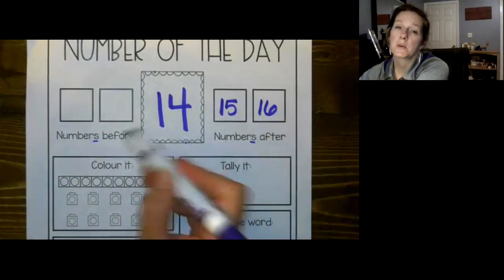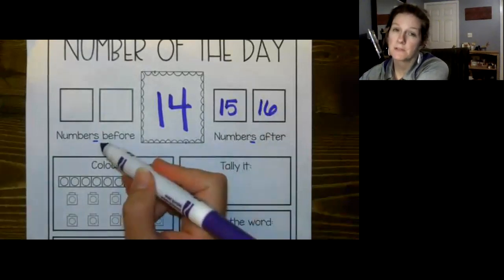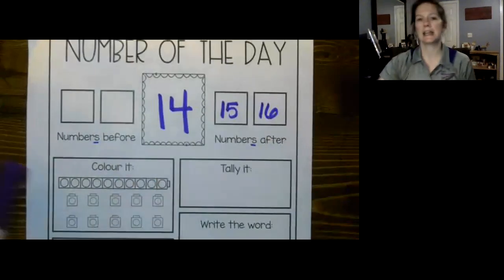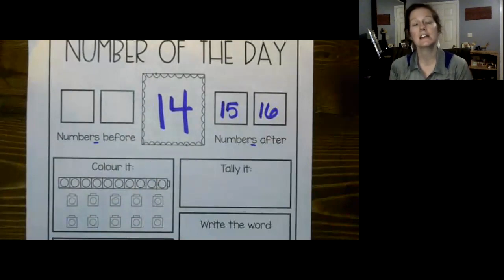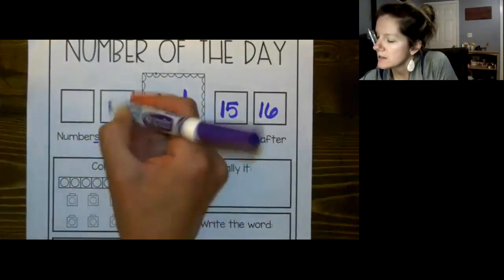All right, so now this is where it gets a little trickier. We're going to do the numbers that come before 14. So let's count up to 14. Are you ready? 1, 2, 3, 4, 5, 6, 7, 8, 9, 10, 11, 12, 13, 14. Okay, what came before 14? 10, 11, 12, 13, 14. 13 came before 14, right?